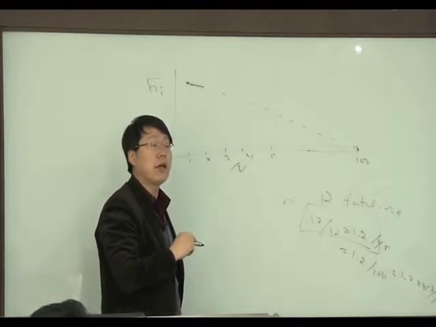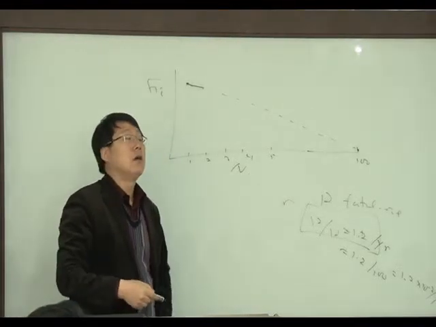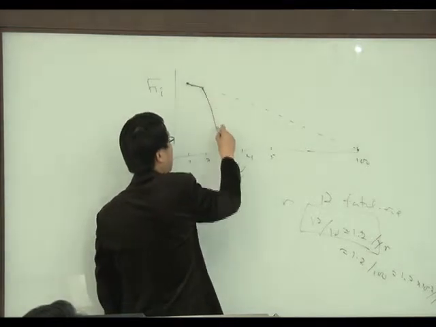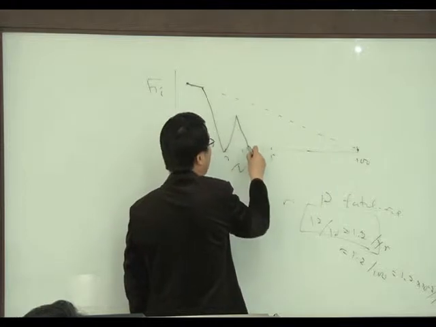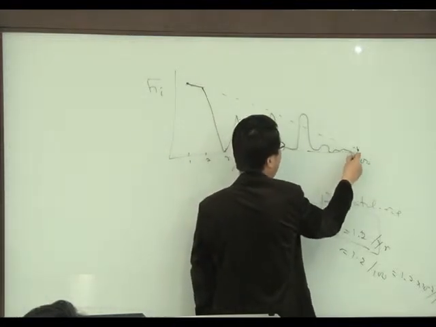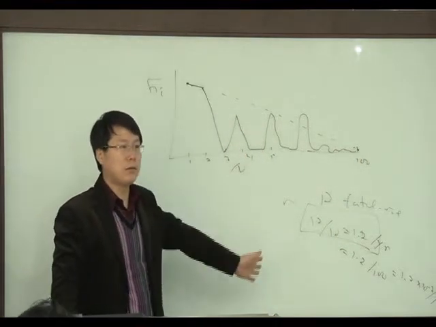There's no absolute guarantee that there should be an accident that causes 3 fatalities. So it may be like this. If you draw a graph, it's very erratic. The graph has a very erratic shape.